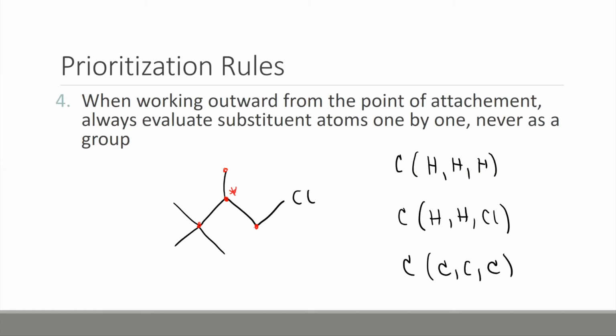So in this case, this carbon here is attached, as before, to 3 hydrogens. This carbon here is attached to a carbon, a carbon, a carbon. So it has 3 carbons on it.